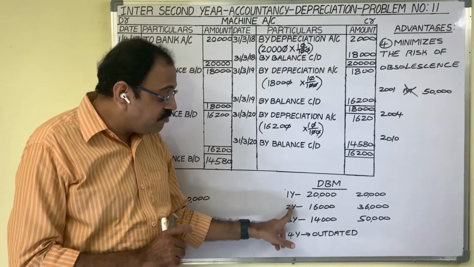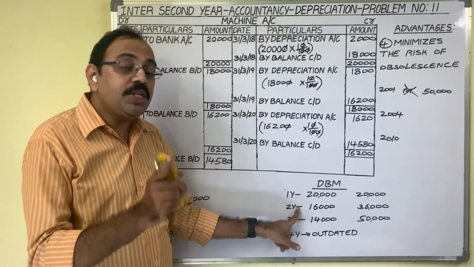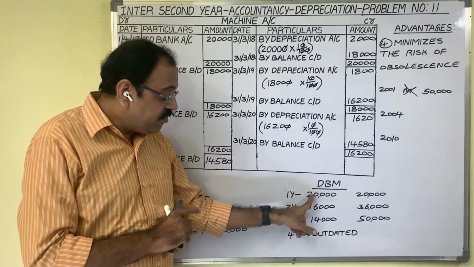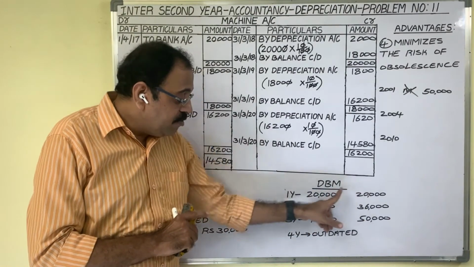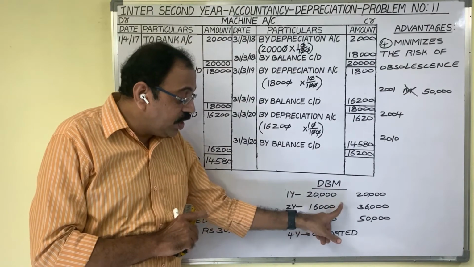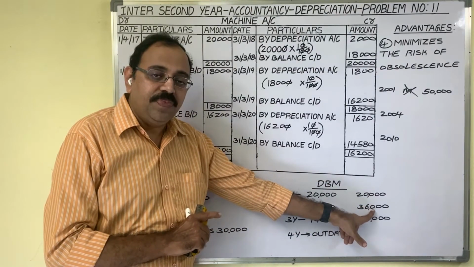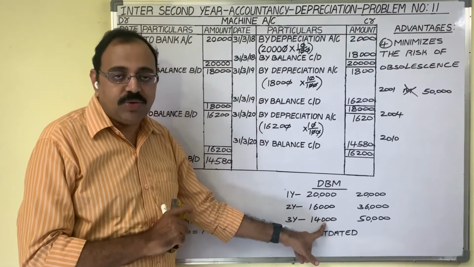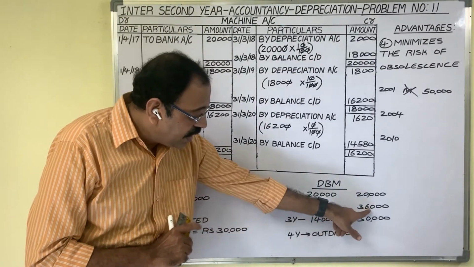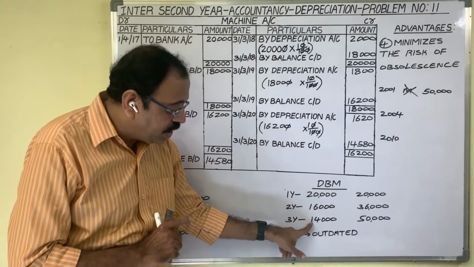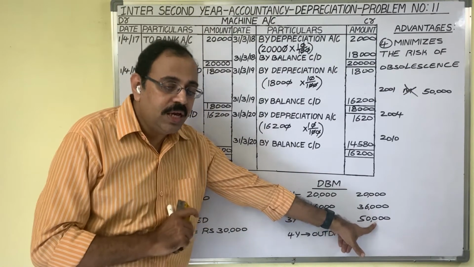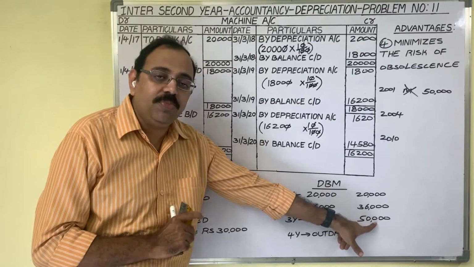Then by the end of the second year, how much amount is written off in the form of depreciation? First year 20,000 plus second year 16,000, total 36,000. In the third year, the depreciation amount is assumed to be 14,000 rupees. Then 36,000 plus 14,000, total depreciation up to the third year is 50,000 rupees.